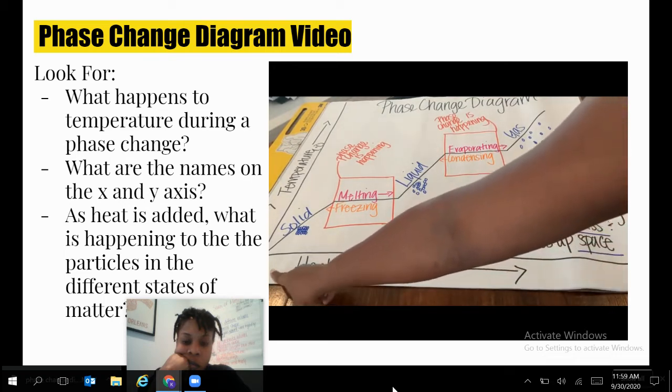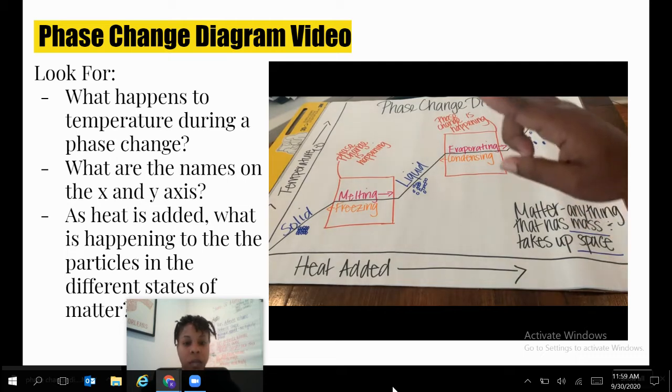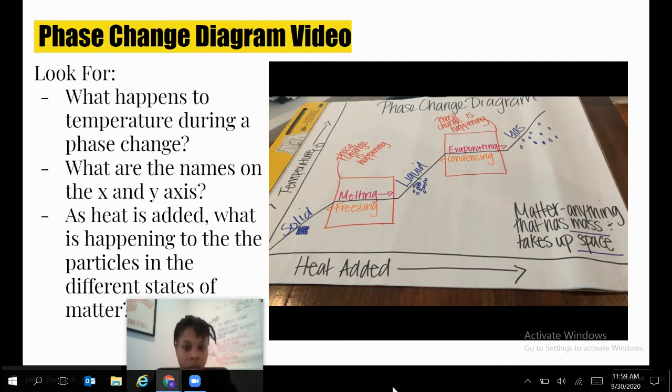As we move to the right, which is why you have an arrow going this way, heat is increasing. In a phase change diagram, you have to have a y-axis and an x-axis, and you do want to name both of those axes.